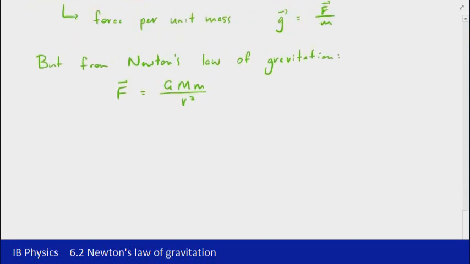But you can see there, in both equations, we've got F and lowercase m. So we can manipulate Newton's law of gravitation, and instead we're going to write F over m, basically dividing both sides by m, and we end up with an equation GM on r squared.